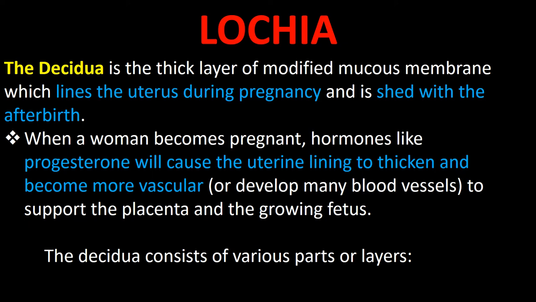You have to remember that the pregnancy hormone progesterone causes the uterus to be thicker and more vascular. Okay, so they develop more blood vessels to support the placenta and the growing uterus.